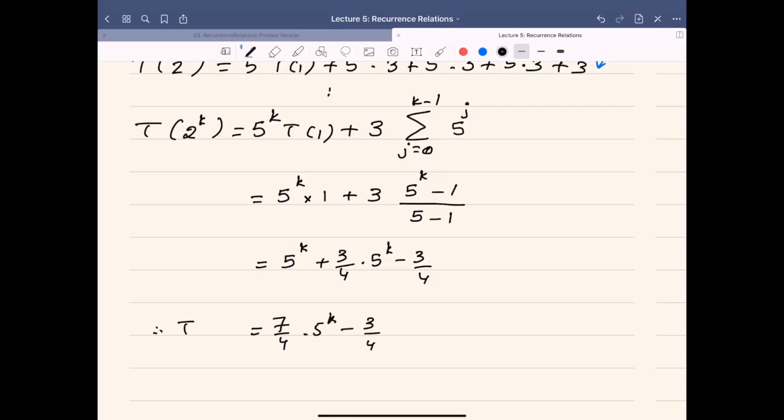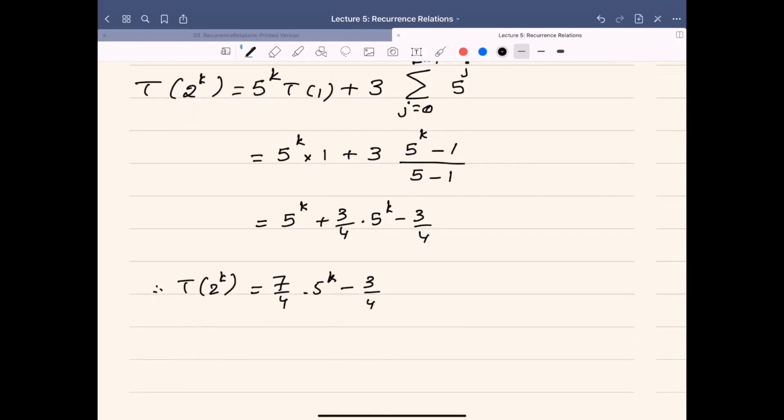I can say here that T of 2 to the power k is equal to this. But still the answer is in terms of k. We need to find it in terms of n. From the beginning, since n was equal to 2 to the power k, now I need to find the relationship between n and k. So take log base 2 of both sides. Why am I using log base 2?